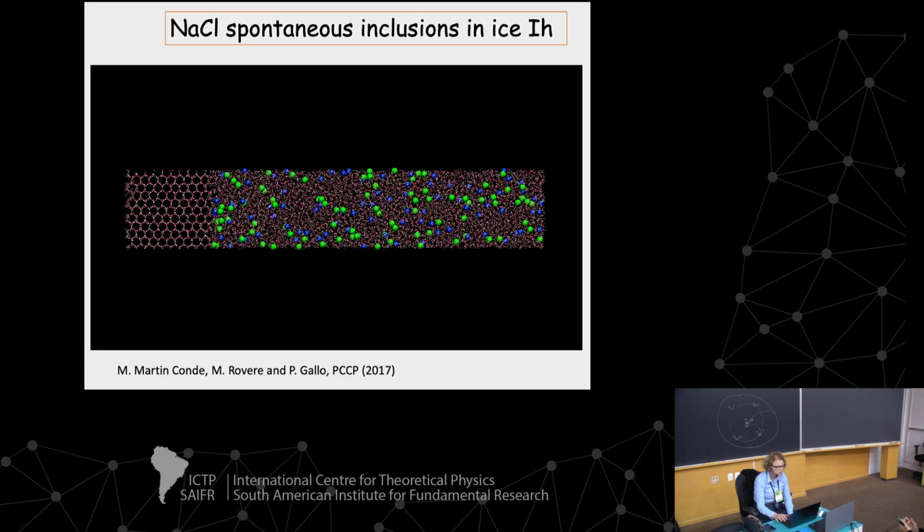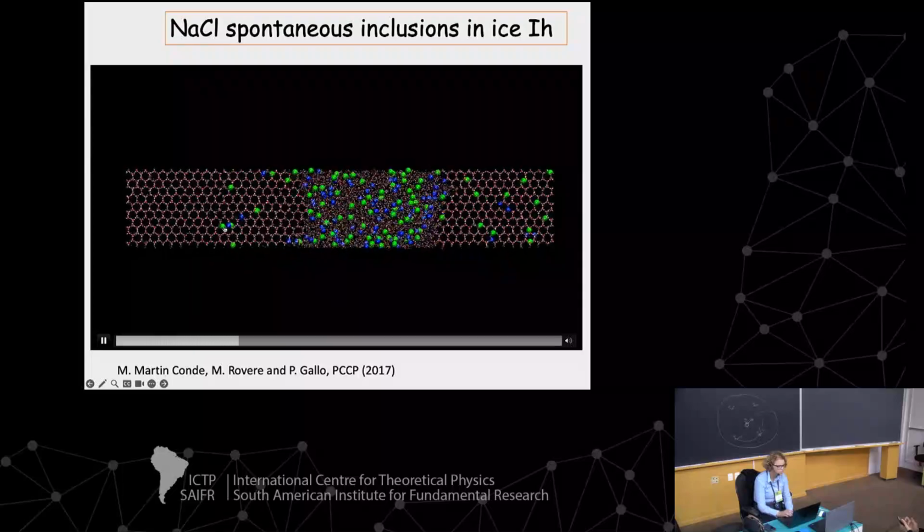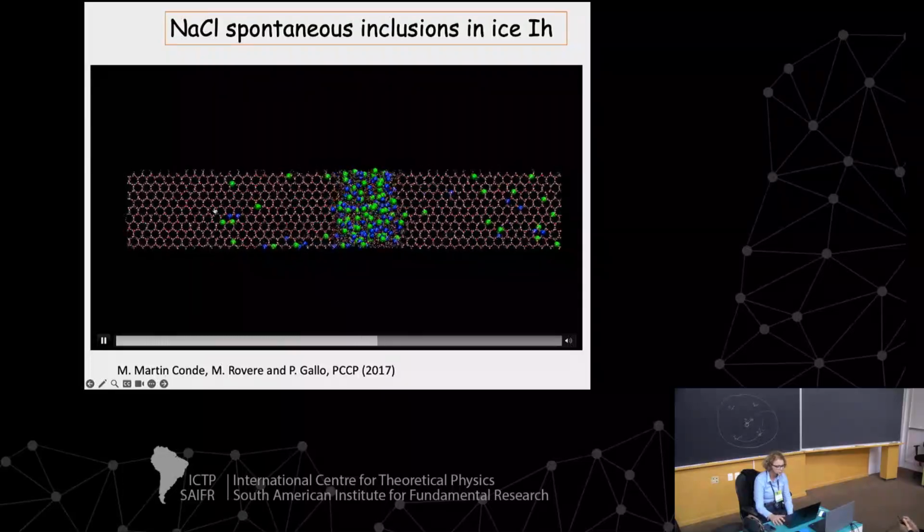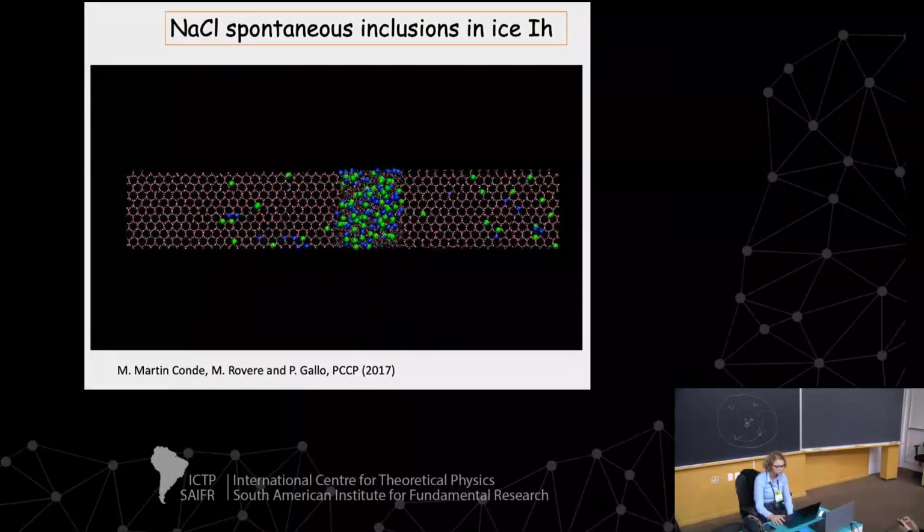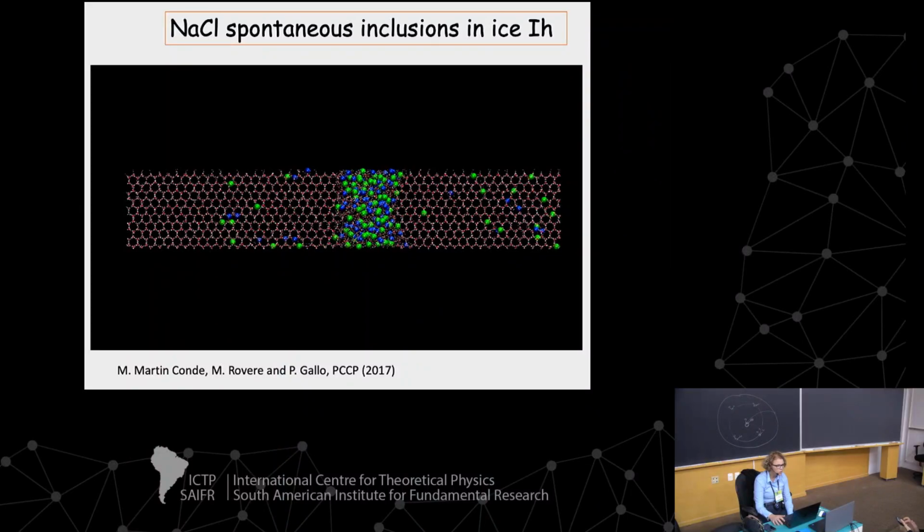Ice, as you can see here, sorry, here I have to start it again, is not distorted when ions are included. And we found out that sodium goes interstitial without distorting the ice very much. And the chlorine goes substitutional to water in the lattice, but it substitutes 2 water molecules.